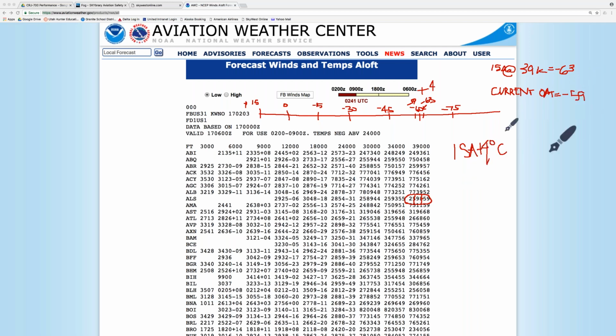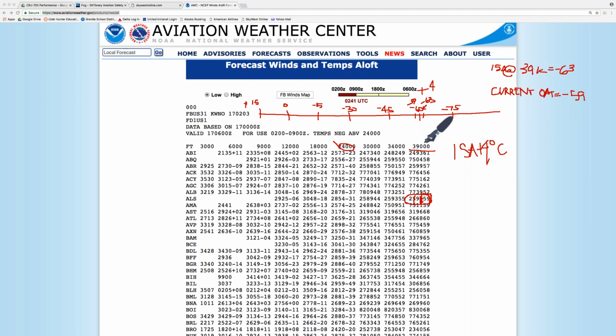Do you see where I'm getting that number? We're at 39,000 feet. This section right here is our temperature. Because we're above 24,000 feet, this temperature is assumed to be negative. No matter what, that's going to be a negative number.